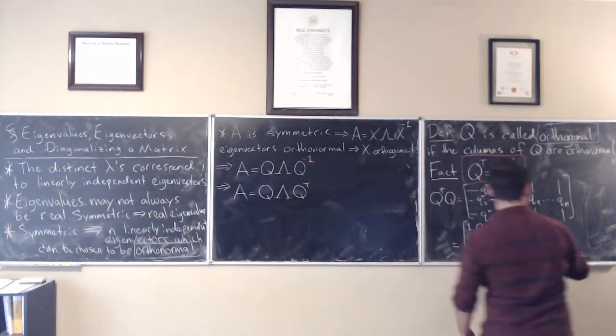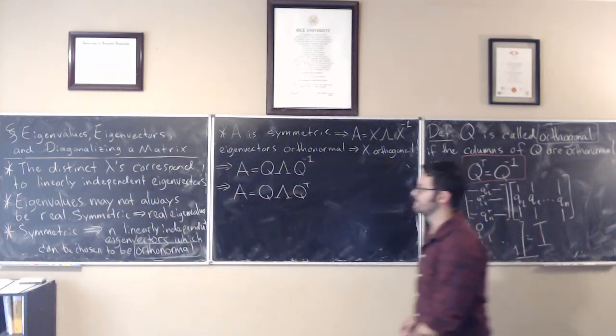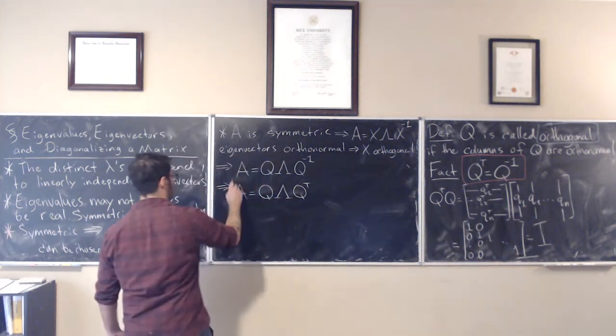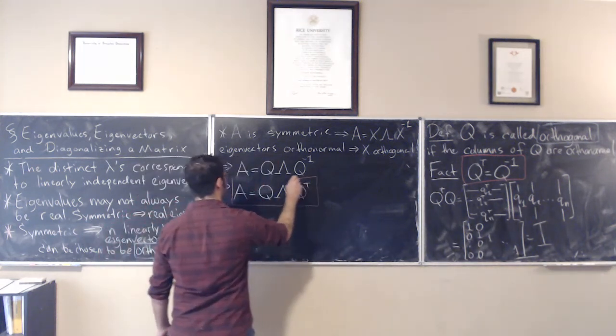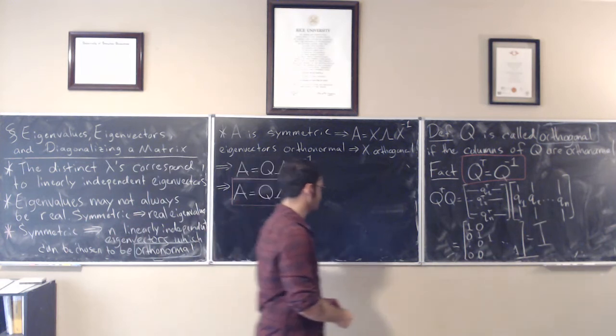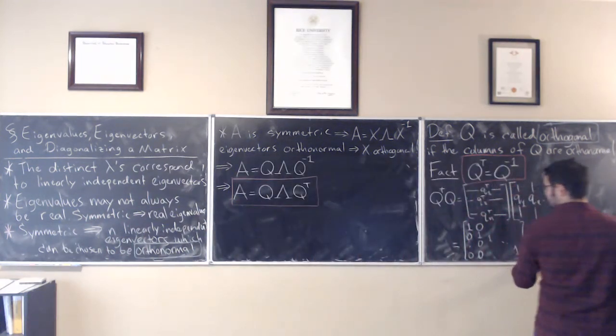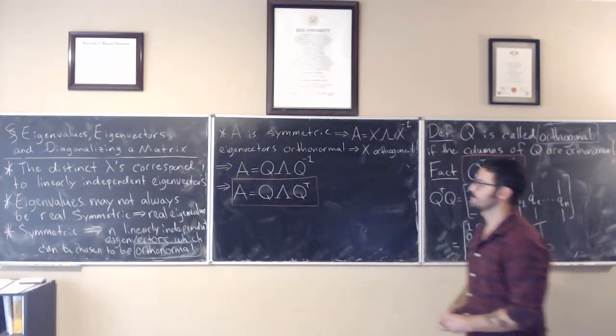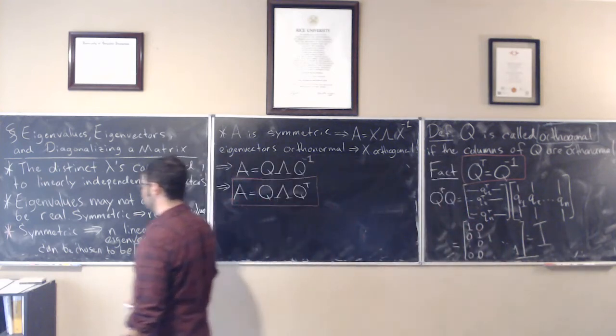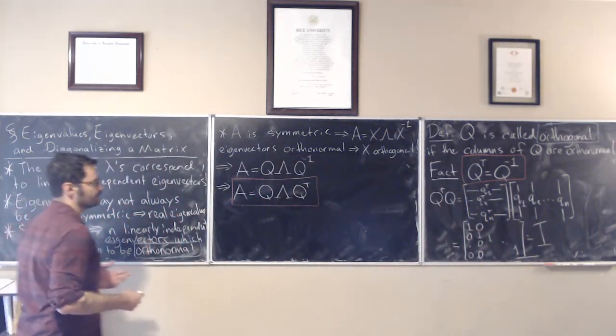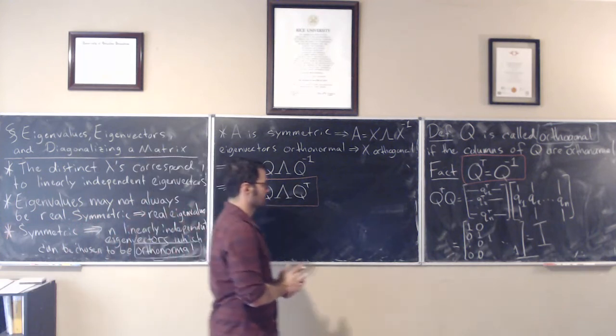That's the big thing. Q lambda Q transpose. That's what A can be factored into. Okay.